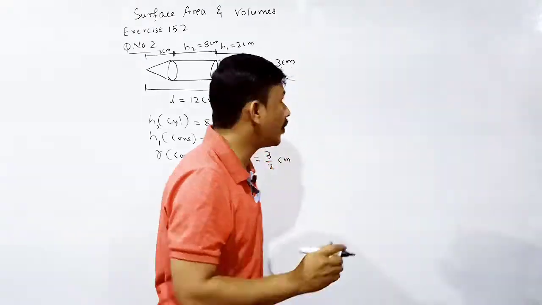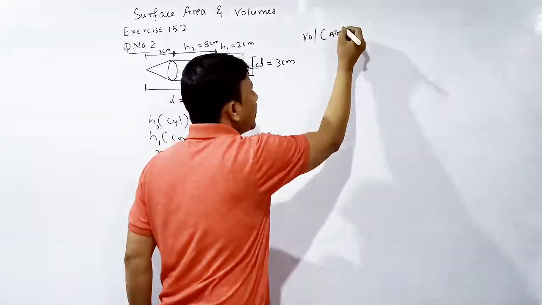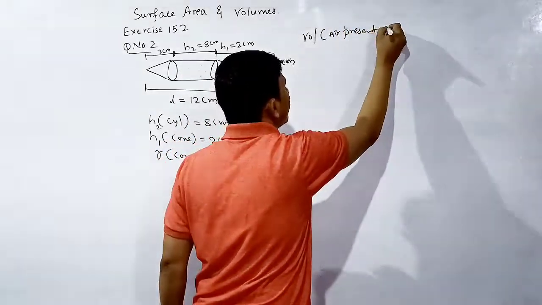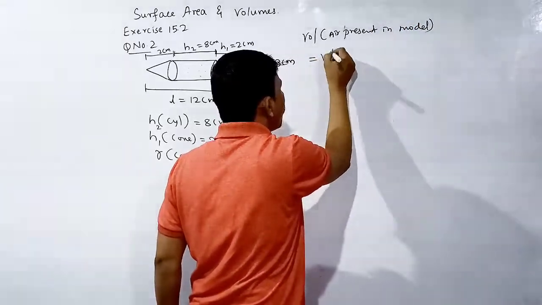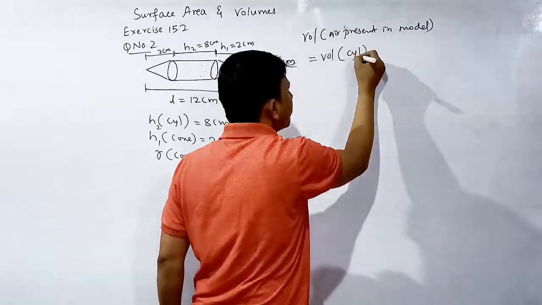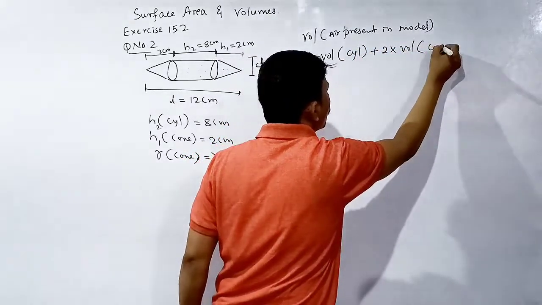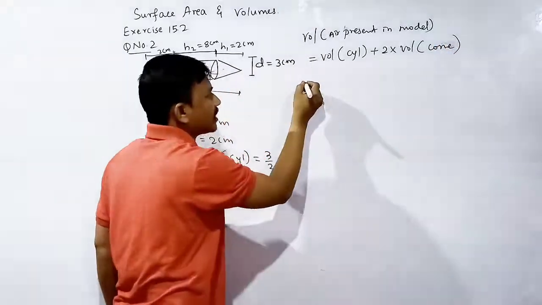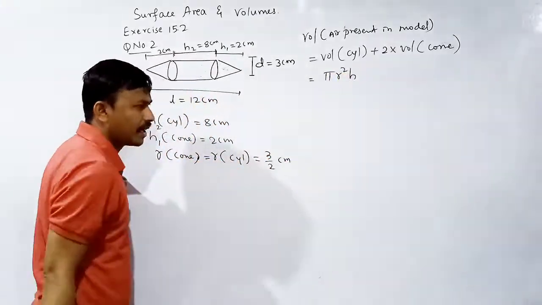Volume of air present in model is equal to volume of cylinder plus 2 into volume of cone, correct? What is the volume of cylinder formula? Pi r square h.